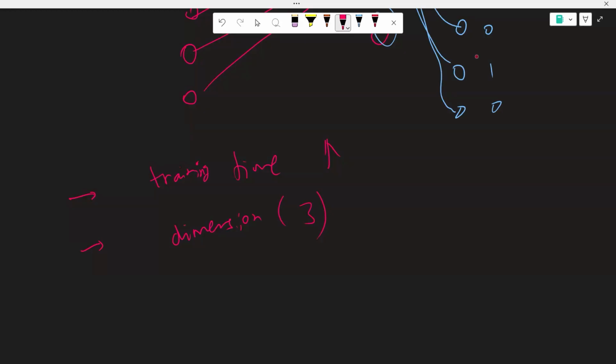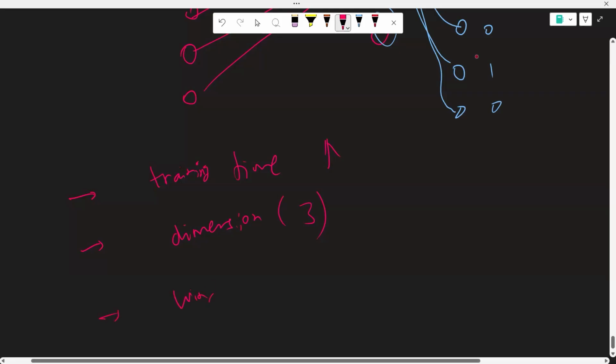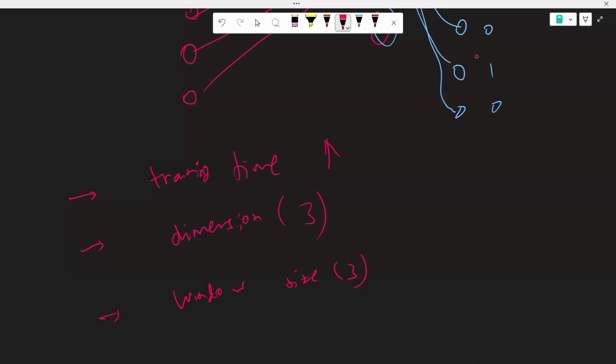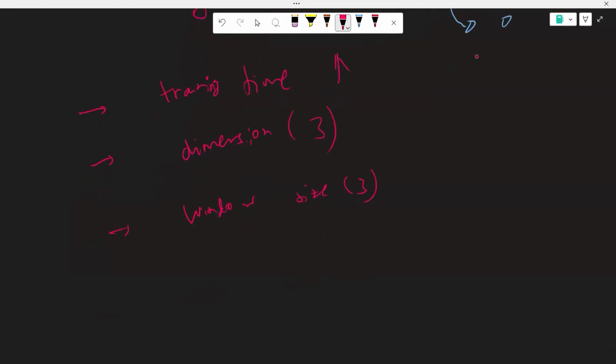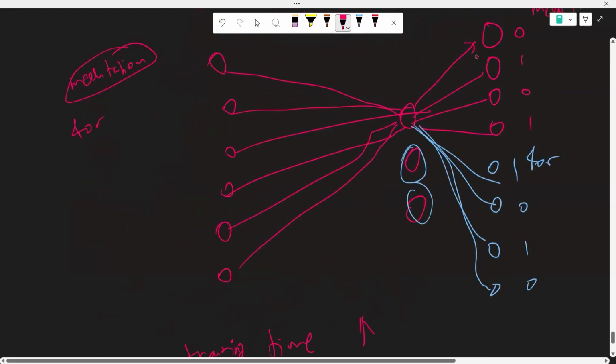Second thing is the window size, which is again a hyperparameter. We considered a window size of 3, where we consider pre, current, and post, the target and the context. But you can increase the window size to 5 or 6 according to you. If you increase the window size to more words, you will get relationships between continuous words.